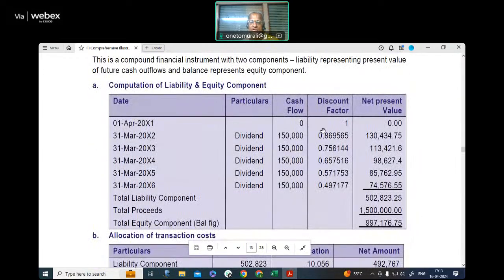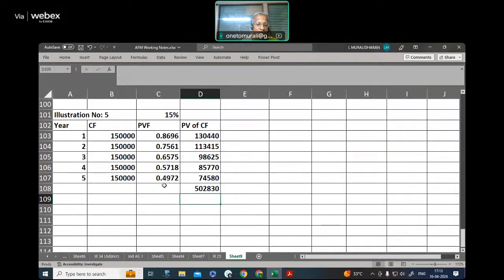When you are running it for so many decimals, every problem is done in a different style, so we will always keep 4 decimals in our computation. So this portion is going to be liability. So total proceeds being 150.